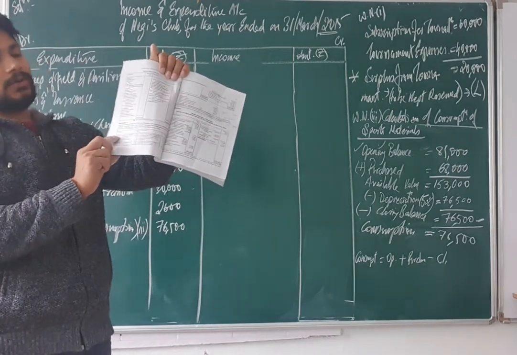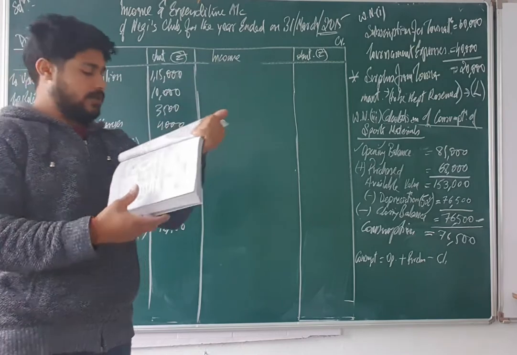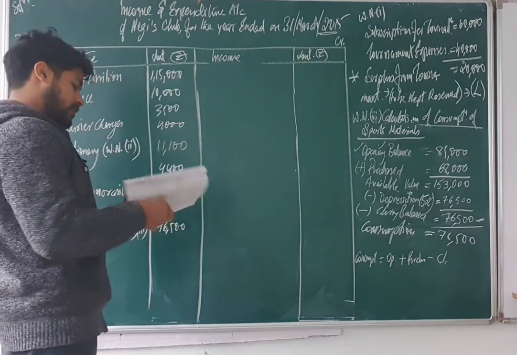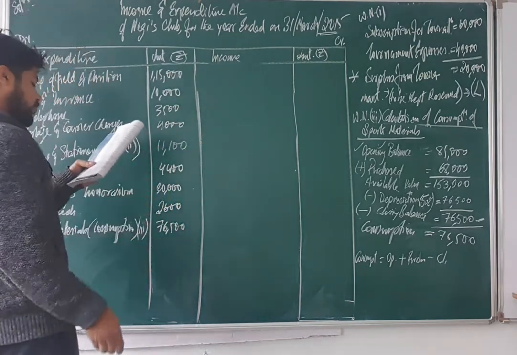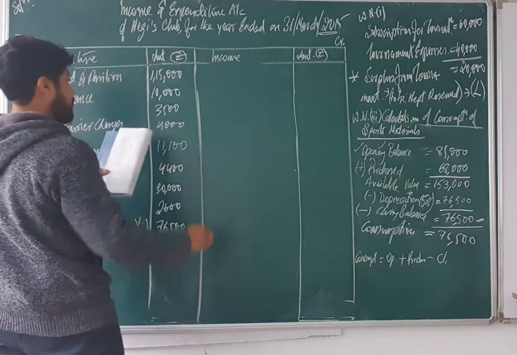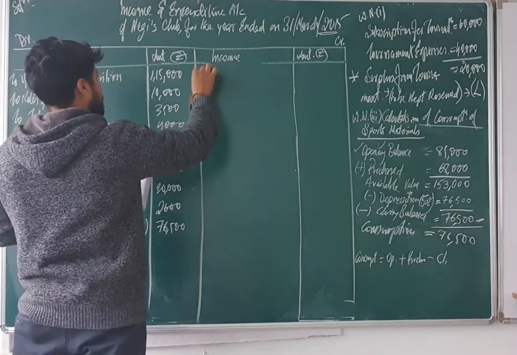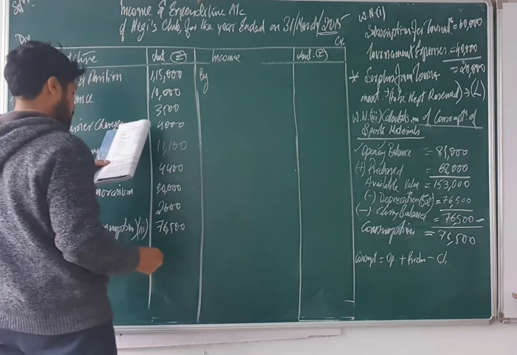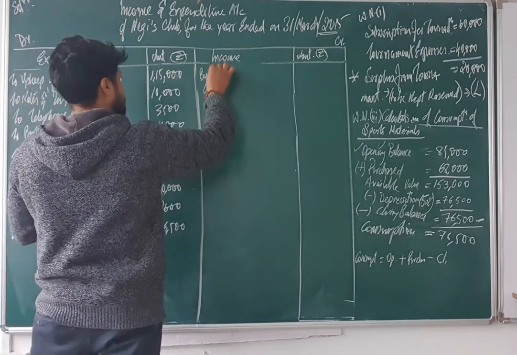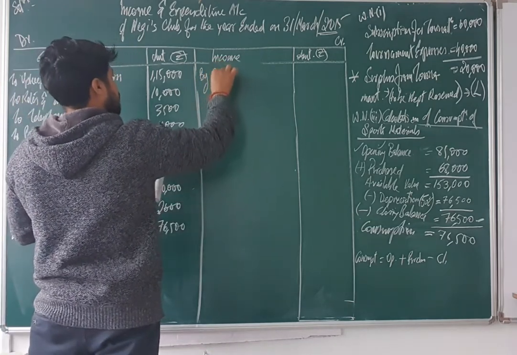Now concentrate on the receipt side of the question. Let's see one by one. First one is members subscription. So I'll write down by members subscription. For this also I need to do a working note.